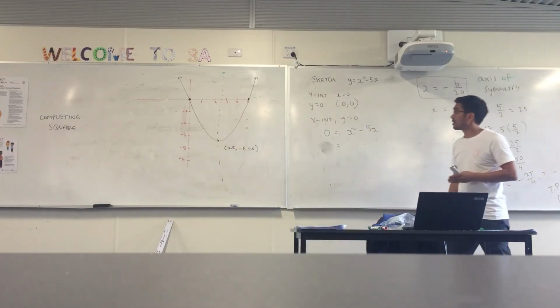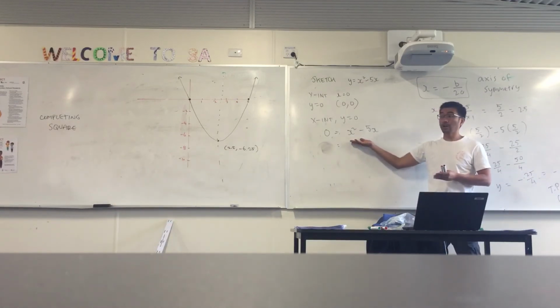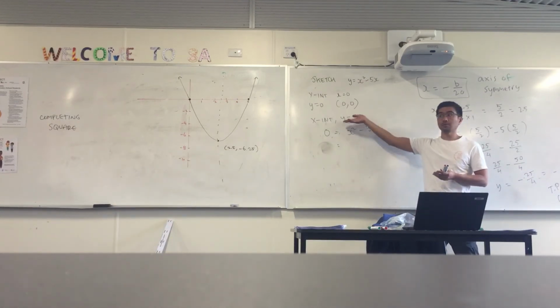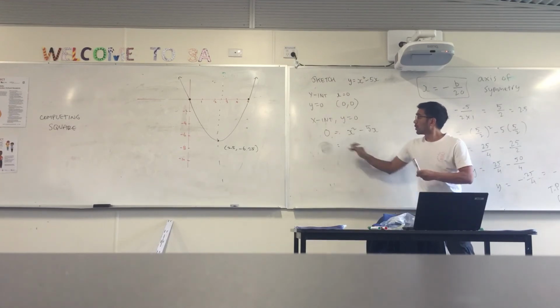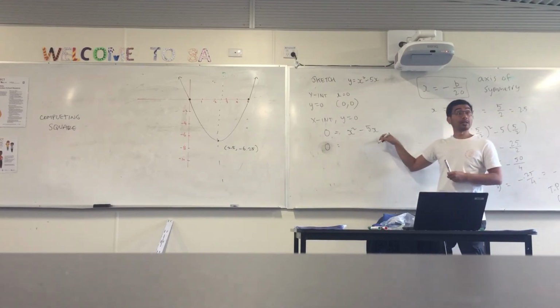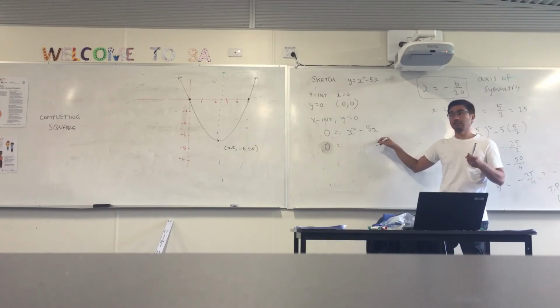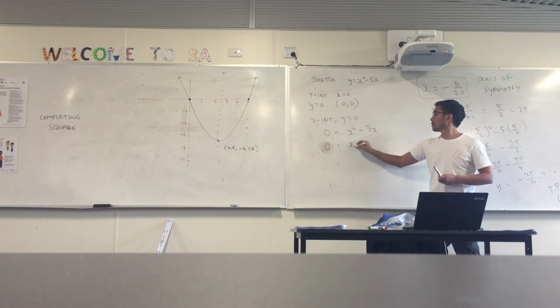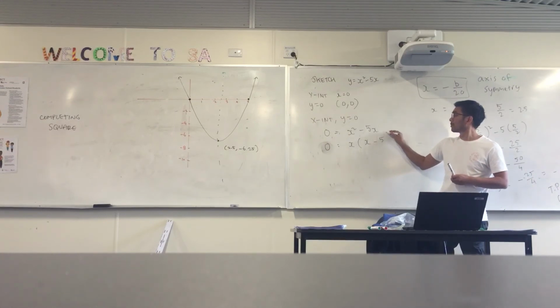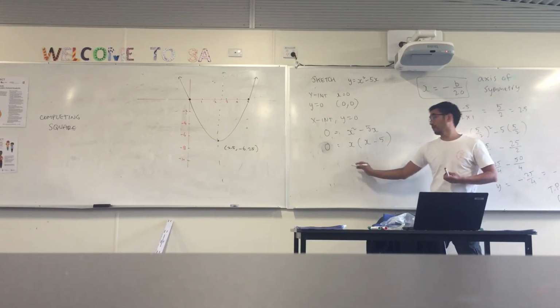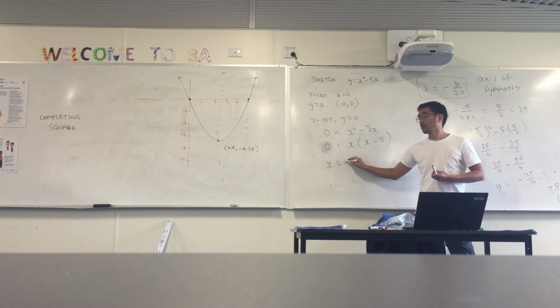Of course. So the mathematics behind that is, let's put x-intercepts, y equals 0. What is common between x squared and -5x? What can I pull out? X. What must go in the bracket? X minus 5. Null factor law. X equals 0.